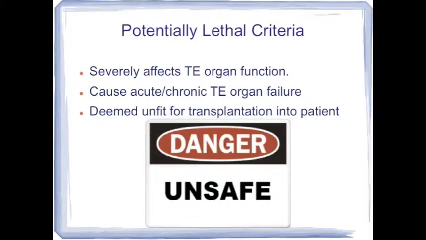And if the organ was deemed to only have benign criteria, it would be safe for transplantation into patients. Conversely, you have potentially lethal criteria. These criteria would obviously cause severe defects in the organ, and as such, if it was deemed that the organ only had these kinds of abnormalities, it would be unsafe to use in patients.